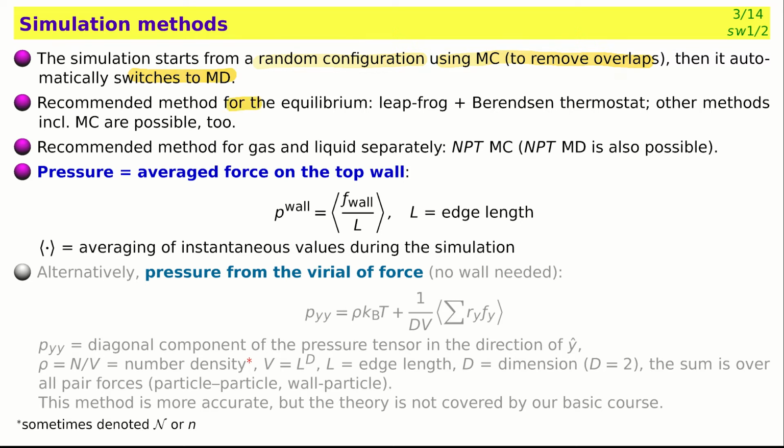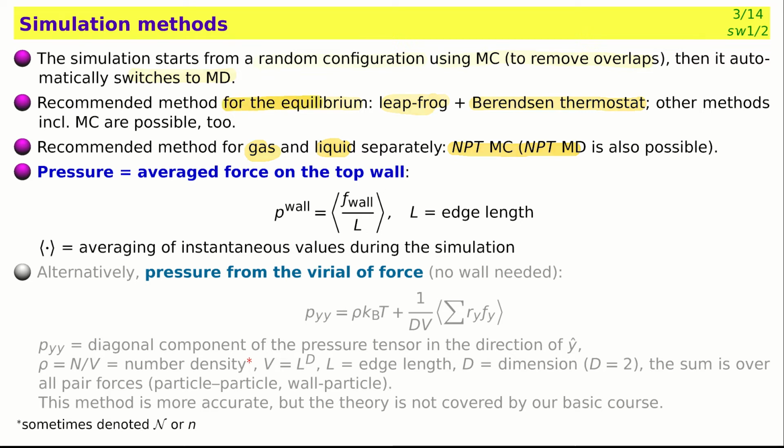For the equilibrium calculation, that is equilibrium liquid gas, we use molecular dynamics. It is based on the leapfrog algorithm and the Berendsen thermostat. There are other possibilities. For calculating enthalpies of both gas and liquid, we will use Monte Carlo, NPT Monte Carlo, that is at constant temperature and pressure.